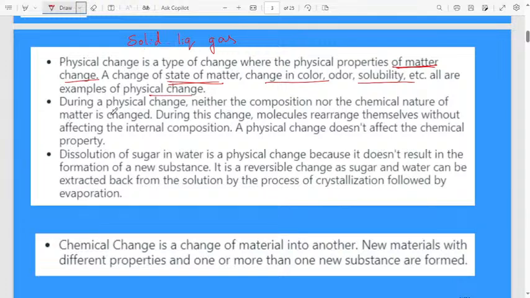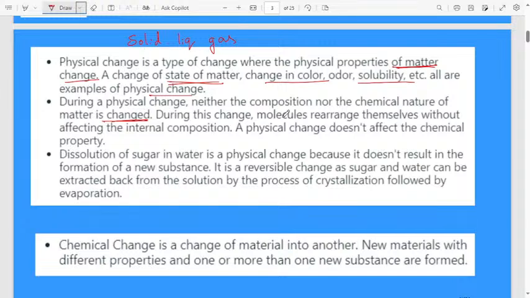Next, during a physical change, neither the composition nor the chemical nature of the matter changes. There is no chemical change in the matter.